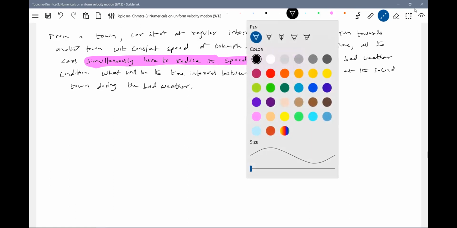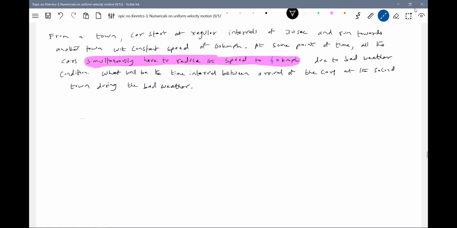Don't search for a formula. Just take help of a diagram. There's a town A and a town B. One car will start. Let's assume that the first car will start.